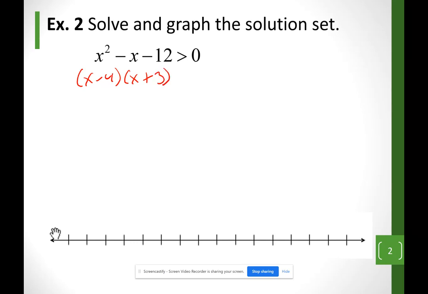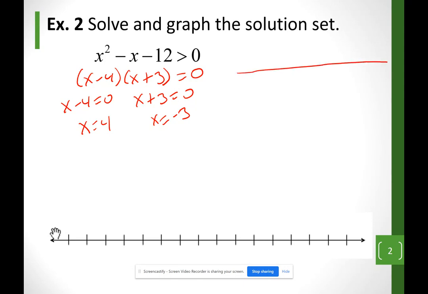And for us to graph, remember we used to have this as an equal sign. So for graph purposes, let me have this as an equal sign, because you learned how to graph with an equal sign. Remember, I just factored it. Now in the factors, I'm going to let each of my factors equal 0. So I get that x is equal to 4, x equals negative 3. Now in graphs, on the x-axis, I will find negative 3.